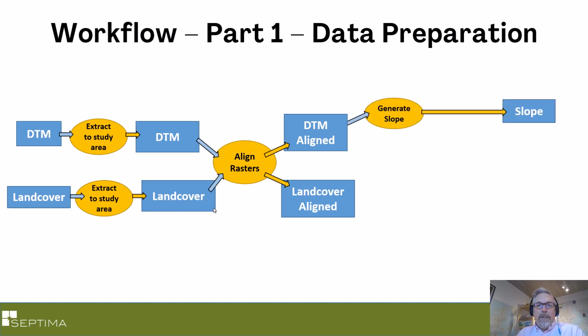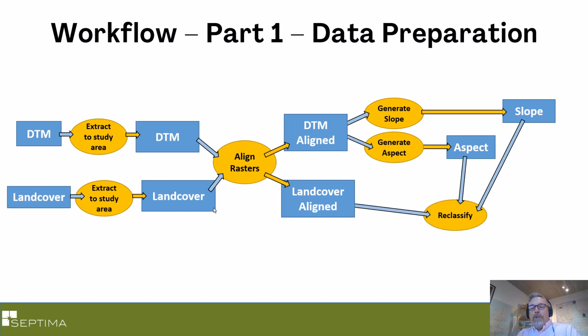From the aligned DTM, you're going to generate a slope data set and an aspect data set, which will show you which way the slope faces. We're then going to do 3 different reclassify operations, one on each of these. And that's because slope, for example, is a floating point data set that has literally millions of different values in it.